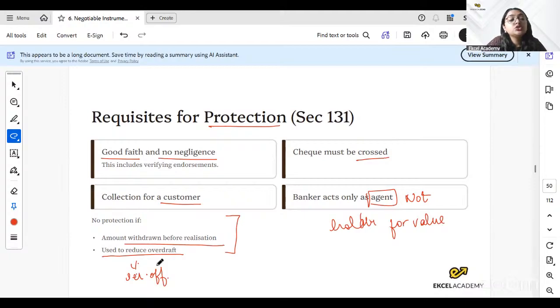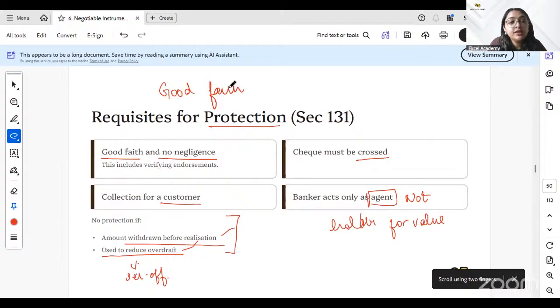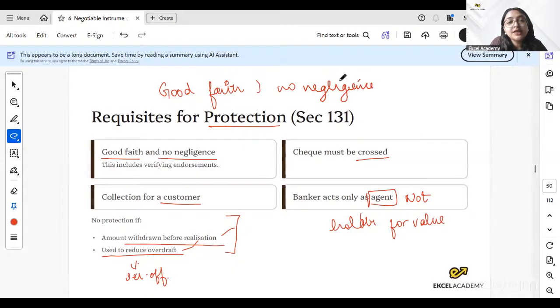So there is no protection if the amount is withdrawn before realization and if it is used to reduce your overdraft. I hope you are clear with the concept of the collecting banker and the requisites for protection. Whenever we are speaking about protection, good faith and no negligence come into picture. Good faith and no negligence are extremely important.